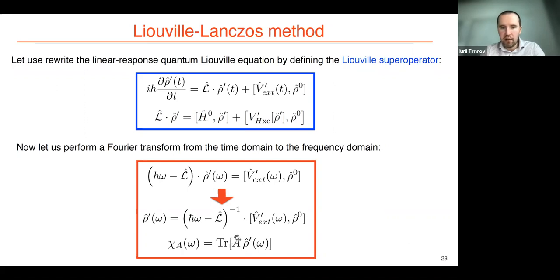It can be any operator. For example, we can take a dipole. If we replace A with the dipole operator, our susceptibility would actually be polarizability. But if you put some other quantum mechanical operator instead of A, it would be another observable chi. We will discuss at the end of the lecture other cases, for electron energy loss and for magnetic systems.